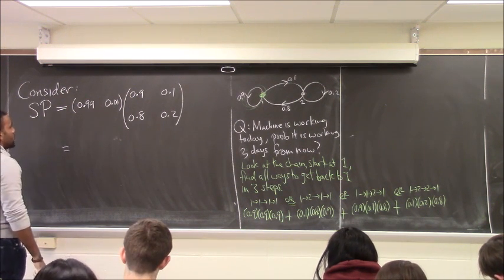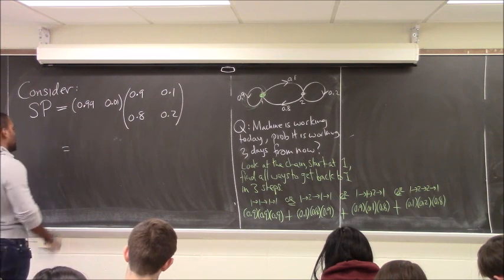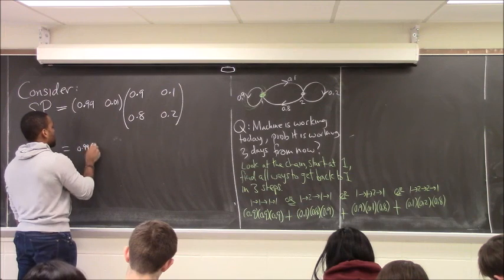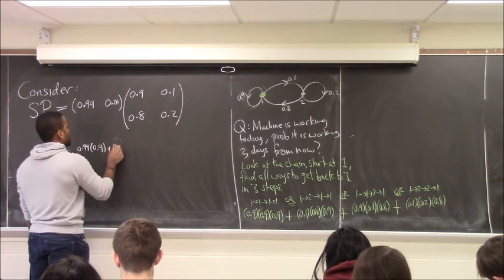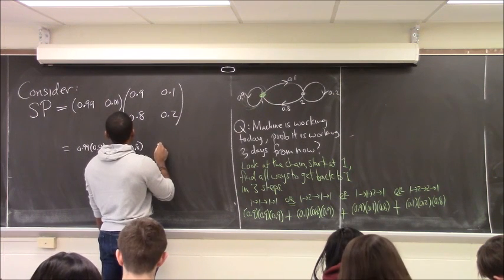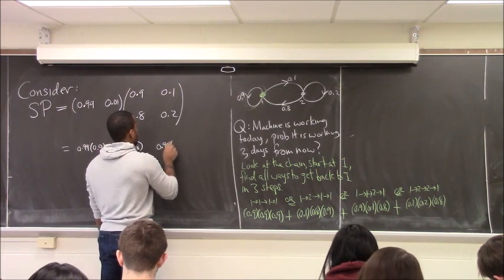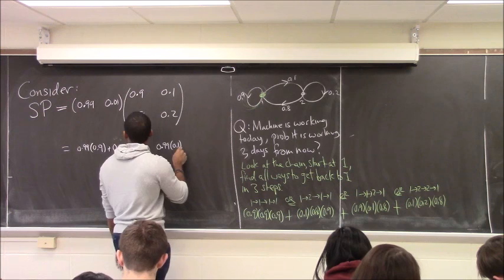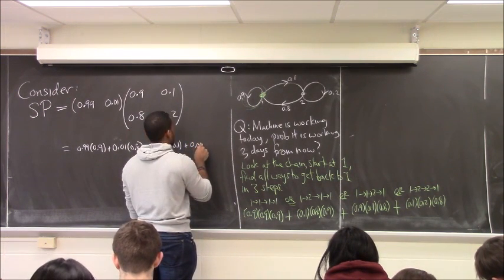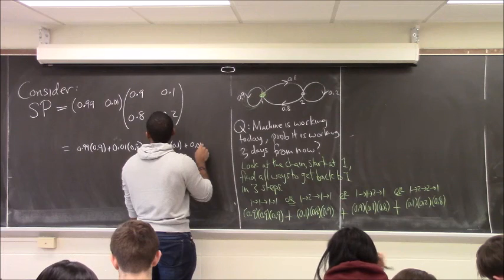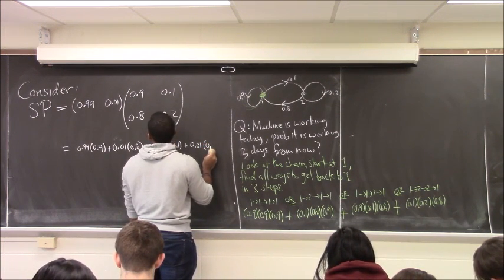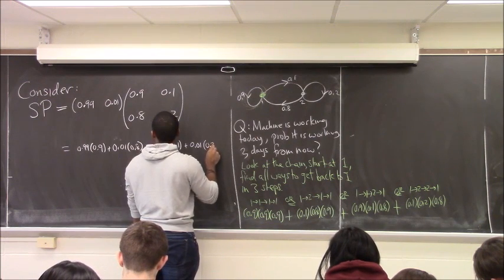Multiply that, what would we get? Well, we would have 0.99 times 0.9 plus 0.01 times 0.8, and we would have 0.99 times 0.1 plus 0.01 times 0.2.